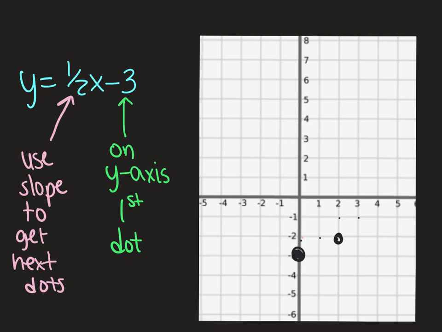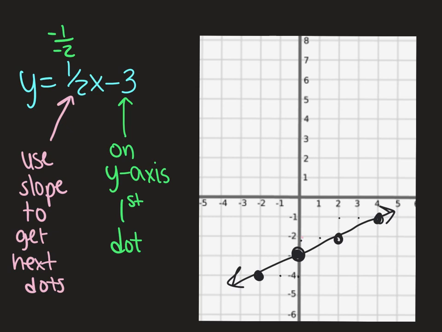Up 1 and to the right 2. If I were to run out of space, I could go down 1 and left 2, just in case you need another option because you might run out of space sometimes. And then we connect it.